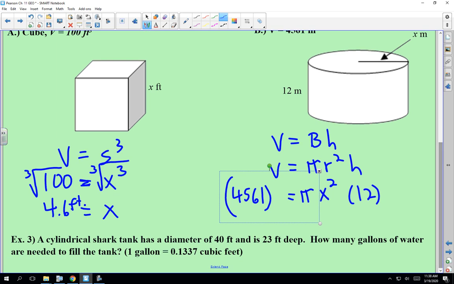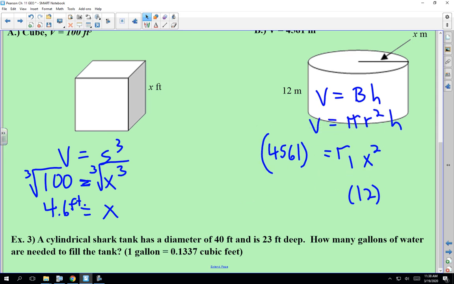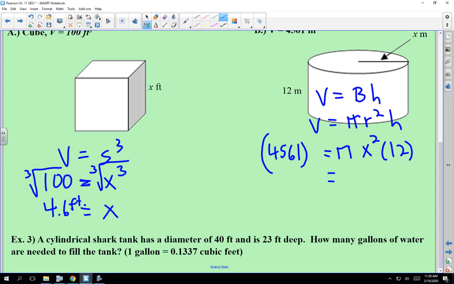So here's what we have so far. We've got some algebra to do. Okay, so there's what we have so far. I can divide through by 12 pi, so it looks like this. Take this pi and this 12, divide each side by that. So I've got divided by 12 pi.